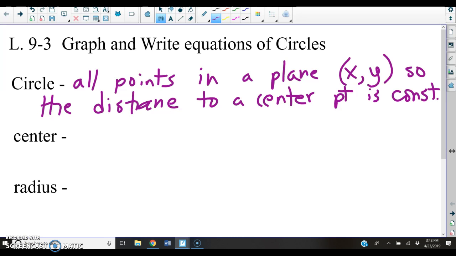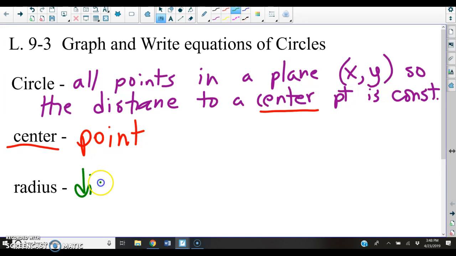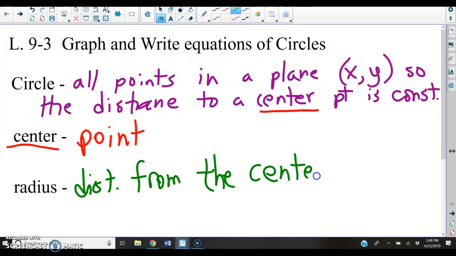So the center is even used in the definition. Okay? We're not going to elaborate on that too much. It's a point. Okay? The radius is the distance from the center to any point on the circle.